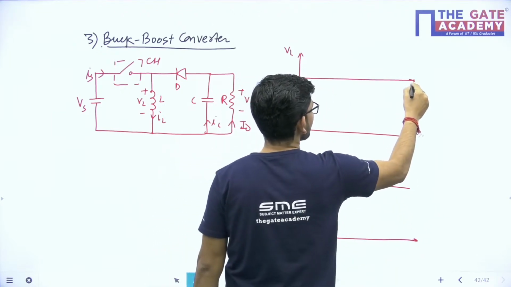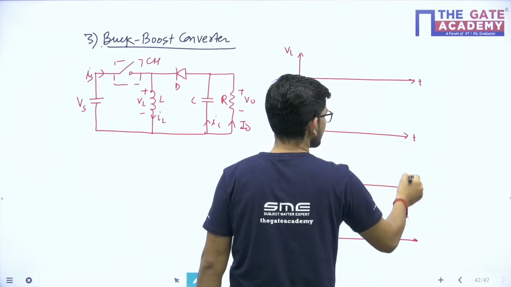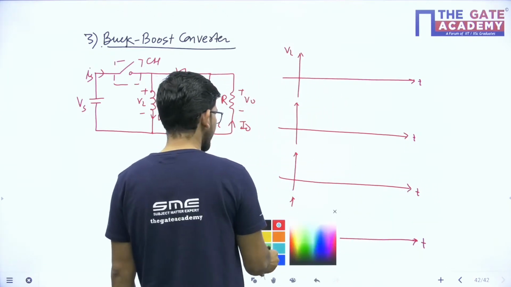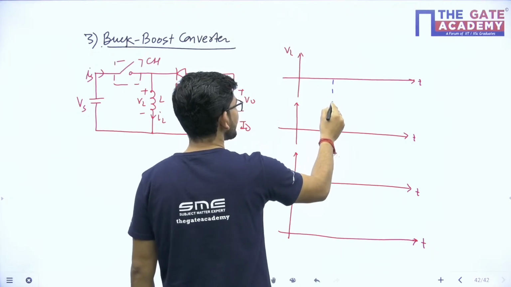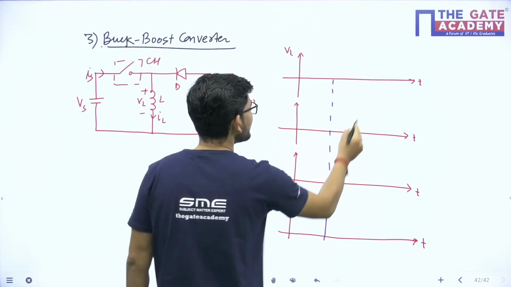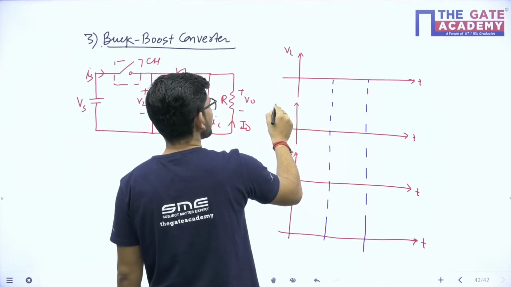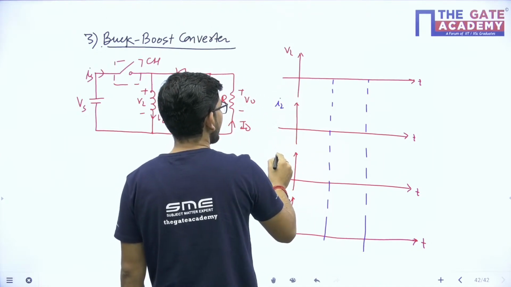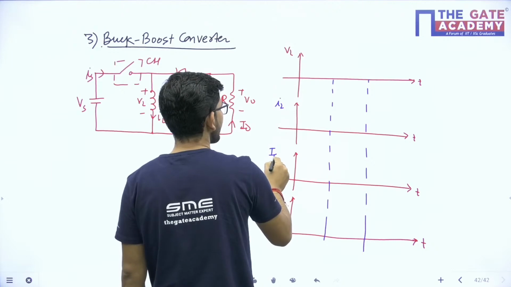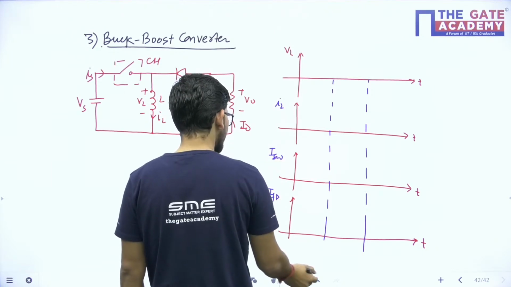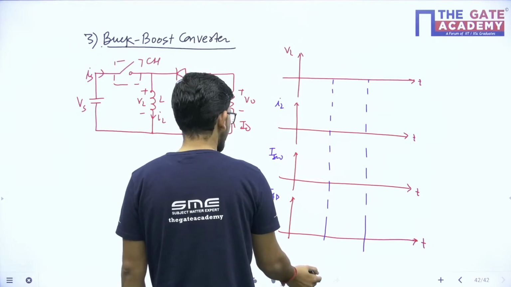Let me check what values I will be getting during the on period and during the off period. So this is VL, this is IL, this is the switch current, and this is the freewheeling diode current, or let me call it only diode.